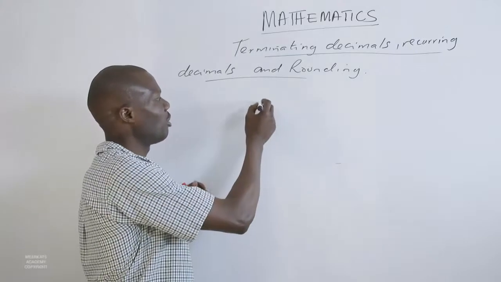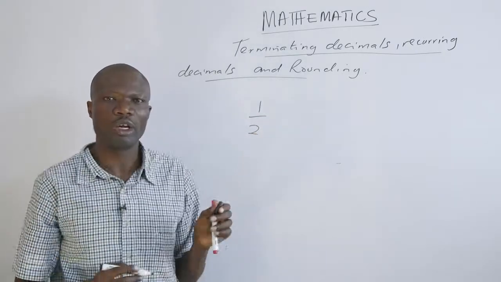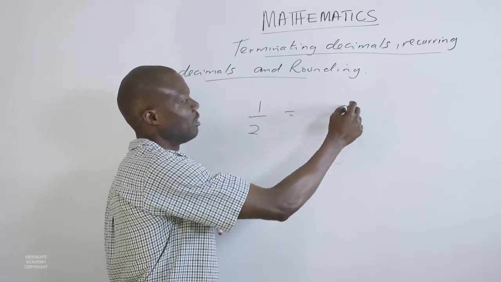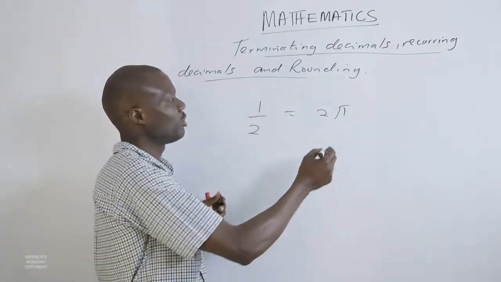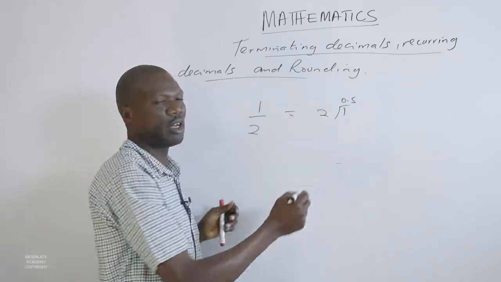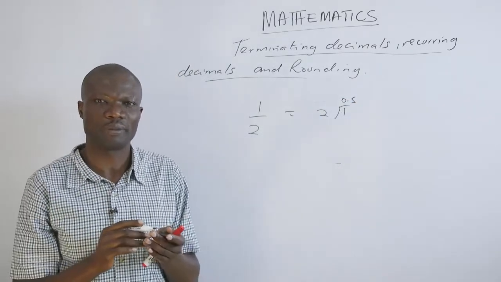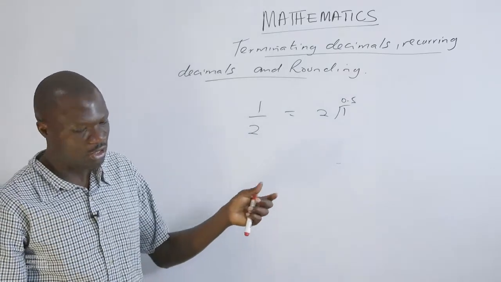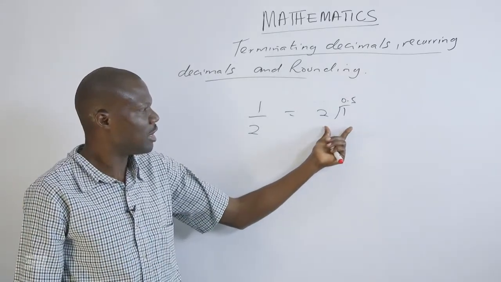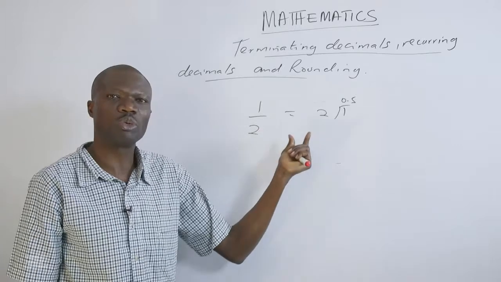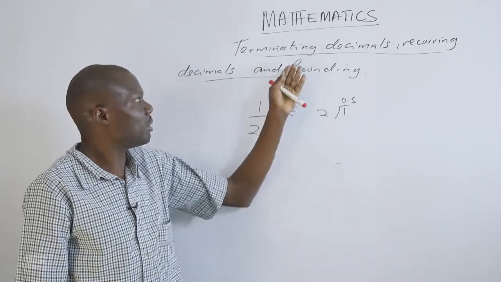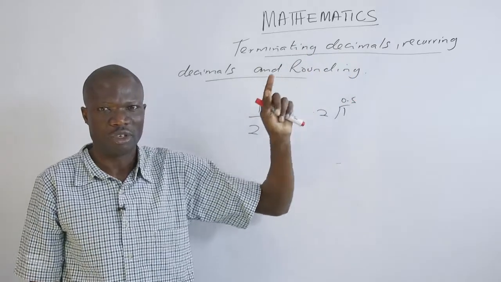For example, 1/2, when you convert it, is 1 divided by 2, which will always give us 0.5. And it terminates. So those fractions which give us an exact value of a decimal, we call them terminating decimals.